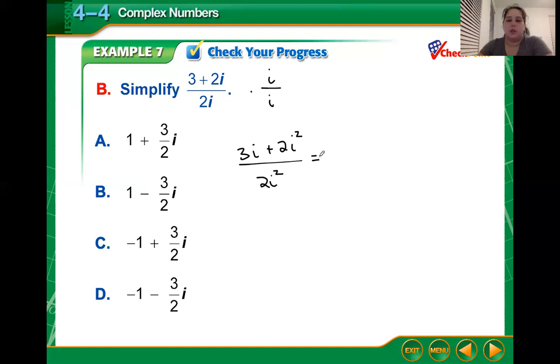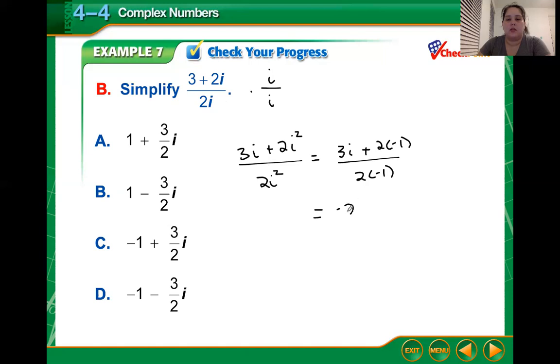Then we replace the i squareds with negative 1. So we get 3i plus 2 times negative 1 over 2 times negative 1. You may be tempted to cancel these out, but we're not able to do that because we are dealing with a binomial and a monomial.